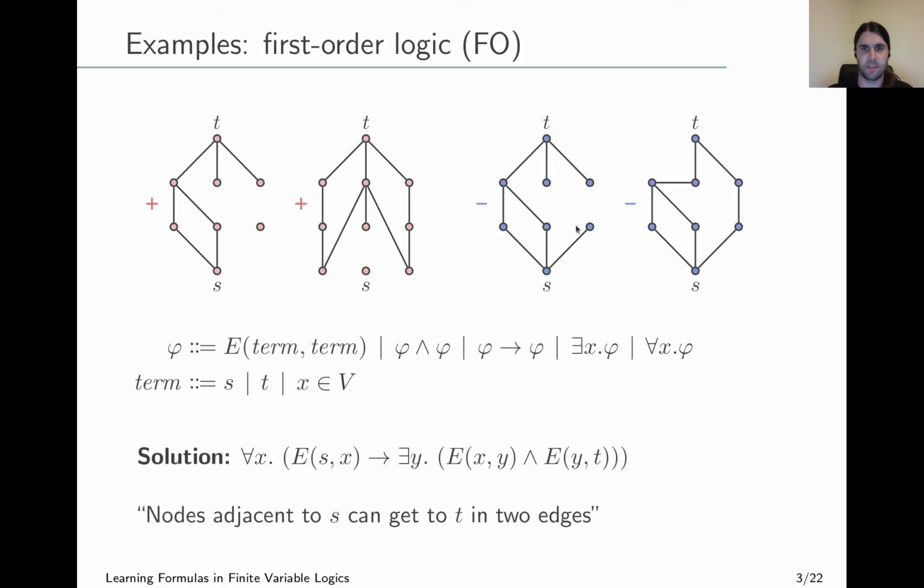We can take this node, which is adjacent to S, but needs more than two edges to get to T. And for the last negative structure, we can take either of these two nodes, which are adjacent to S, but need three edges to get to T. Okay, so this is just a basic example for the kind of problem we're thinking about here.